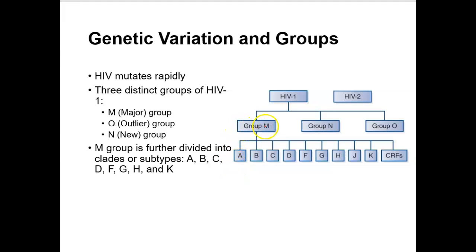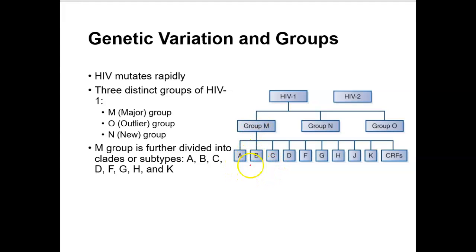If we break down M, they broke it into further letters, A, B, C, D, E, and so forth. And so you can be infected with, say, HIV A or HIV C.